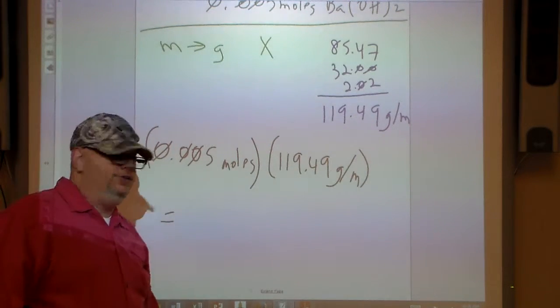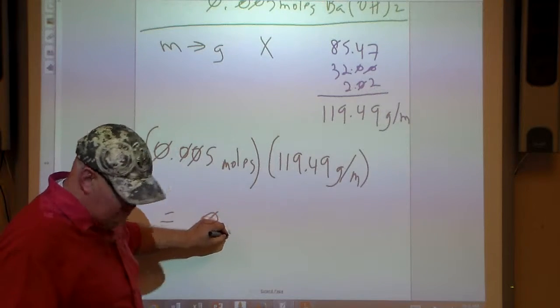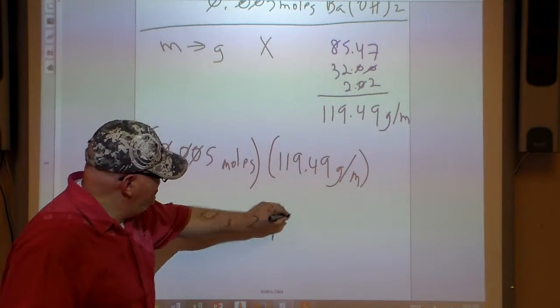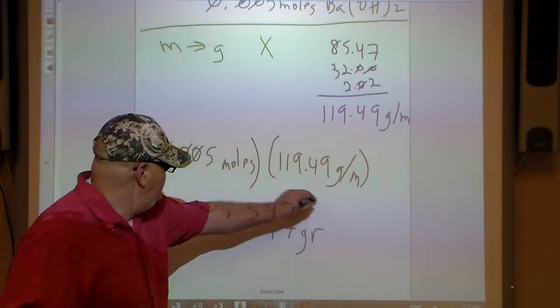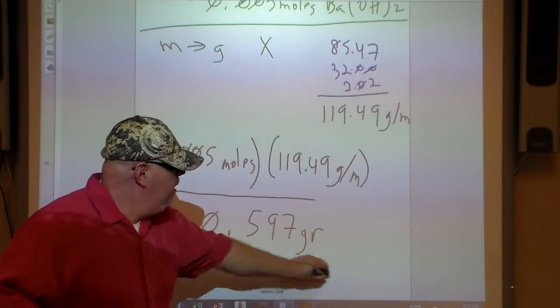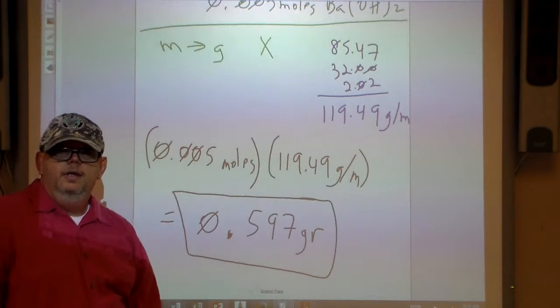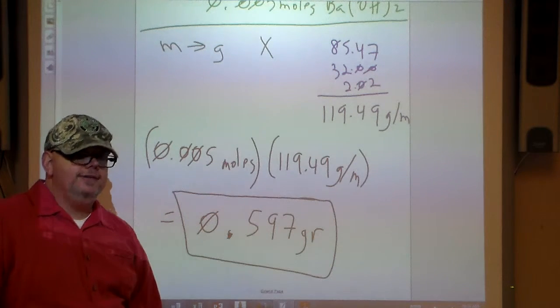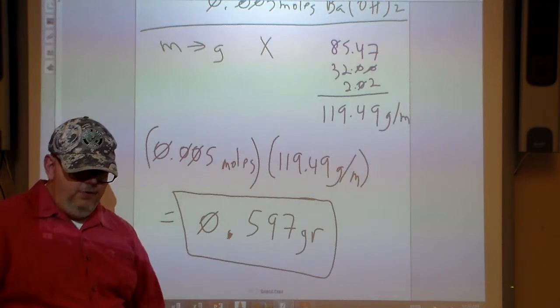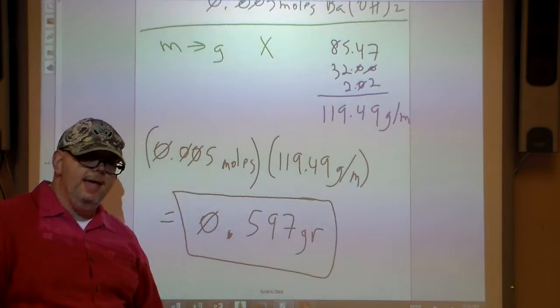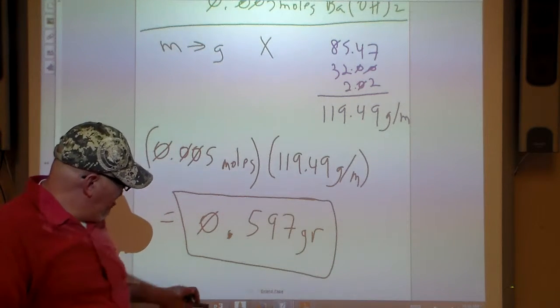And our final answer, here it is, 0.597 grams. And there you have it for the first one.